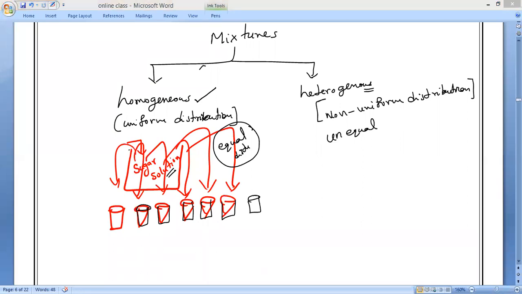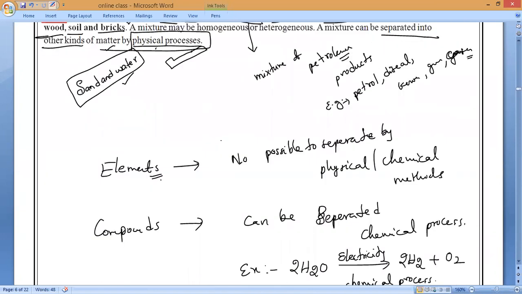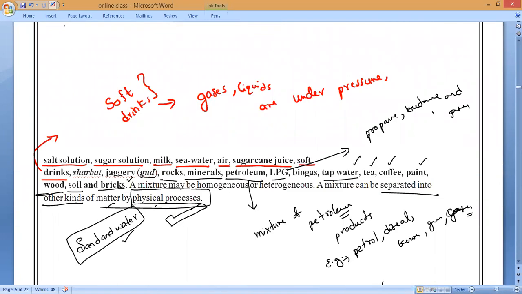In our surroundings, most of the substances are mixtures only. The mixtures which are uniformly distributed are called homogeneous mixtures. Now can you tell me examples of homogeneous mixtures?